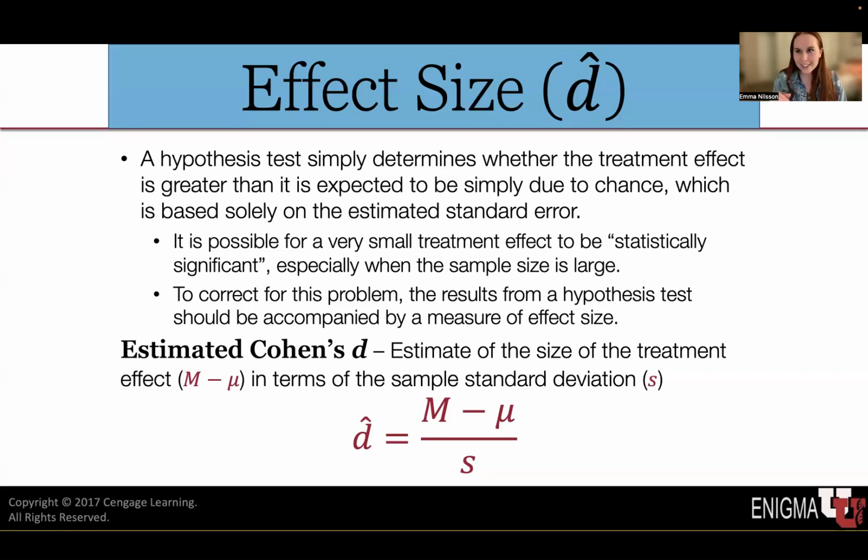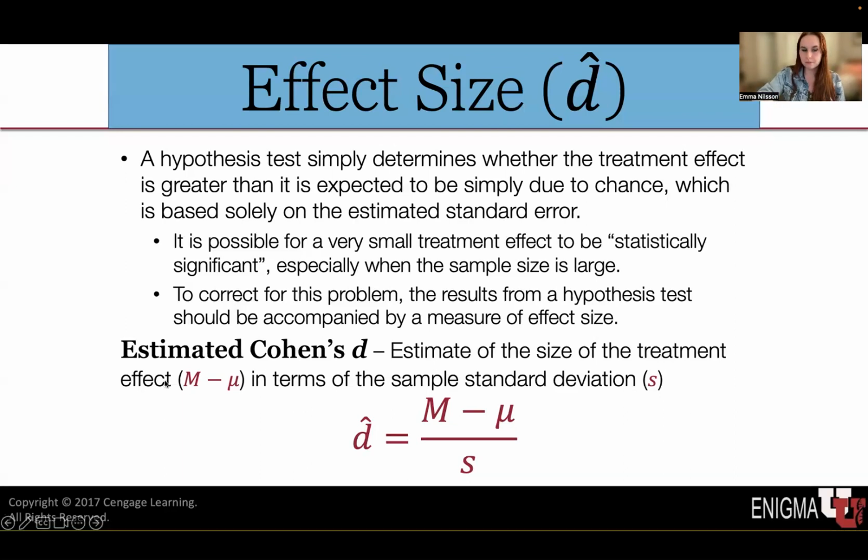That is the only thing that helps us rule out chance. So it's possible for a very small treatment effect to be statistically significant, especially when you have a really large sample size. And in that way, it's important for us not just to report our p-values, but every time to report how big the effect size is, in addition to confidence intervals, which we'll talk about later today.